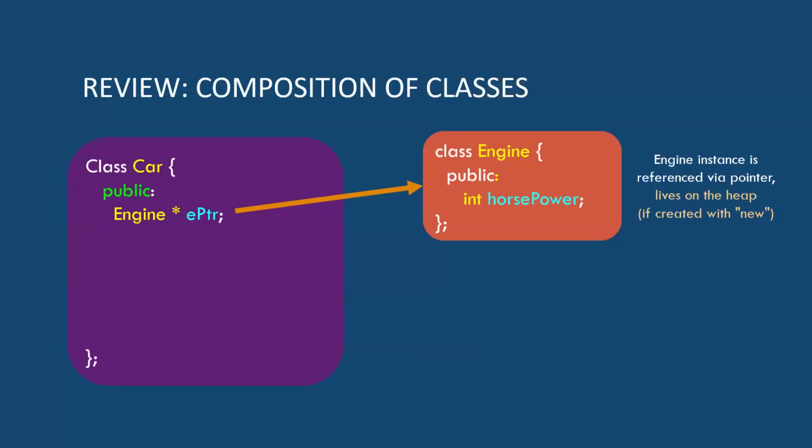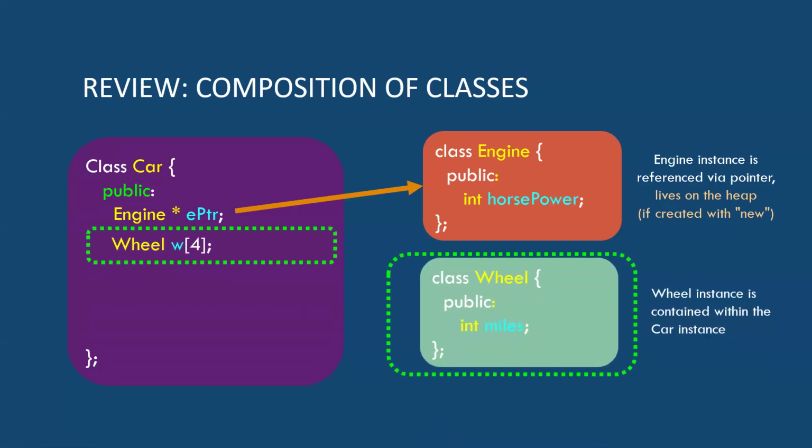Now, the other way we could build things up is to just cobble these things together. This is what we refer to as composition of classes. Here we saw this one a while back. There's a car, it has an engine pointer, right? We need to know what an engine is in order to have a pointer, but we can have a pointer to this engine that we will eventually create by instancing the class and hooking up a pointer in some way.